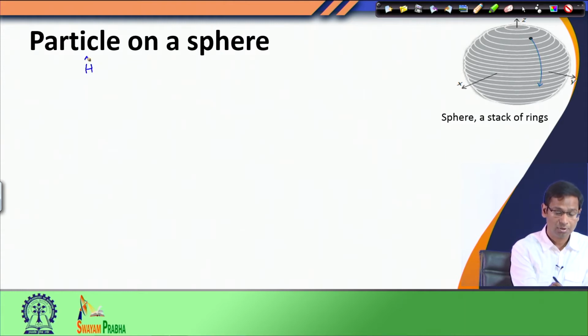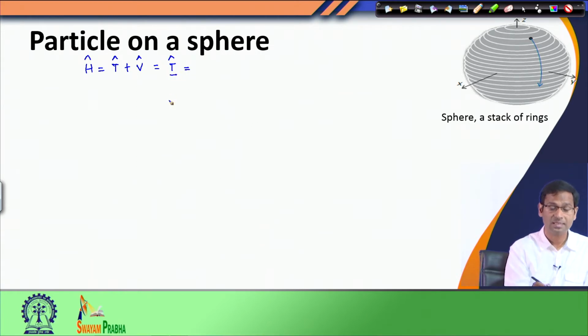The Hamiltonian would have two terms, the kinetic energy operator and the potential energy operator, and just like the particle in a ring problem, in this case the potential energy term is 0. That means the particle, while moving on the sphere, does not experience any interaction with any other particle. Therefore, its Hamiltonian is completely given by the kinetic energy operator.